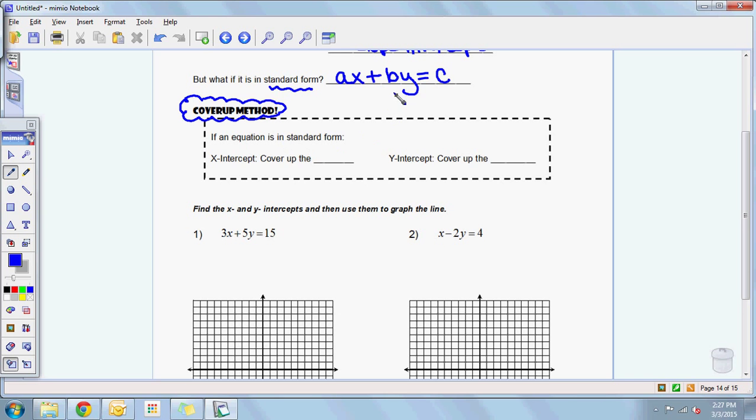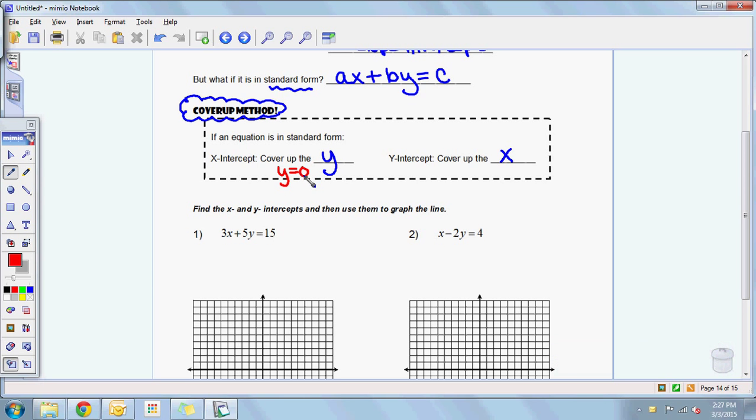So if an equation is in standard form and I ask you to graph it, what you're going to do is find the x-intercept and the y-intercept. To find the x-intercept, you're going to cover up the y, and to find the y-intercept, you're going to cover up the x. The reason we do that is because when you are looking for the x-intercept, the y is equal to 0.